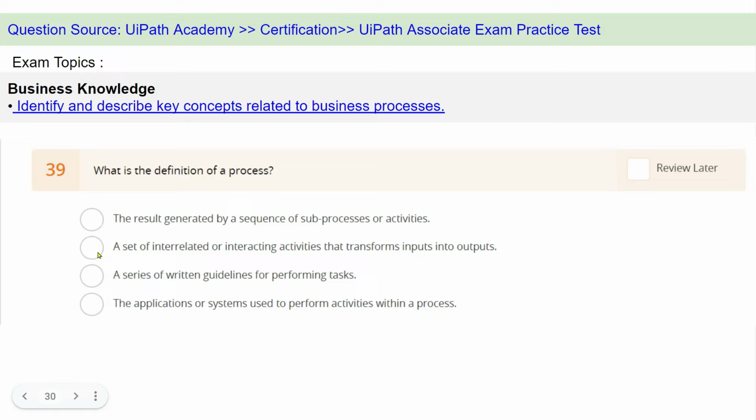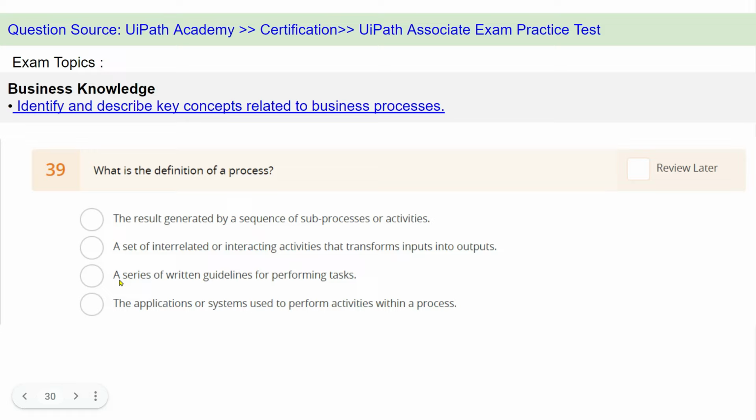Before you choose your right answer, it is important to read all the options. A series of written guidelines for performing tasks. No. Written guidelines means that becomes a procedure. How will you do that specific task? So a process is a collection of single tasks, right? Collection of tasks is called a process. And a guideline on how you perform that specific task is a procedure.